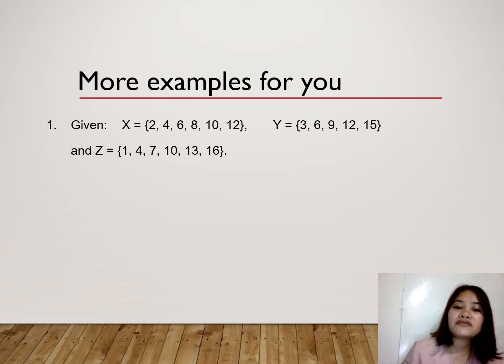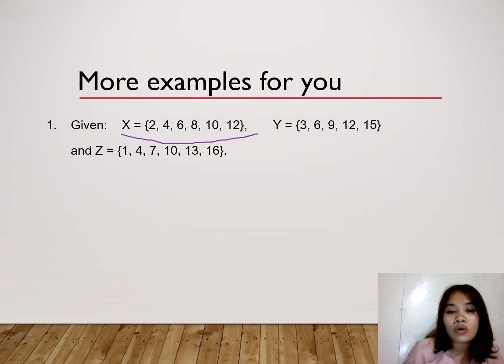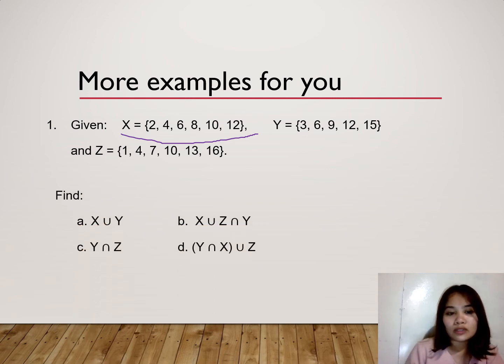Okay, let's have a given. So we have set X has elements 2, 4, 6, 8, 10, and 12, and set Y is equal to 3, 6, 9, 12, and 15. And we have our set Z: 1, 4, 7, 10, 13, 16. Okay, find the following.